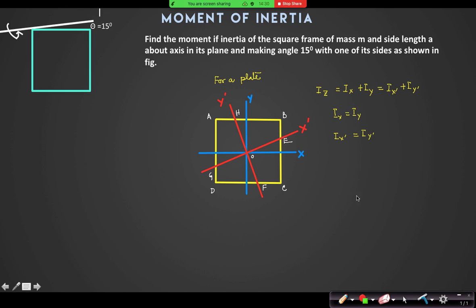I'm talking about this x prime. If I rotate it by 90 degrees, now this will be your x prime and this will be your y prime.